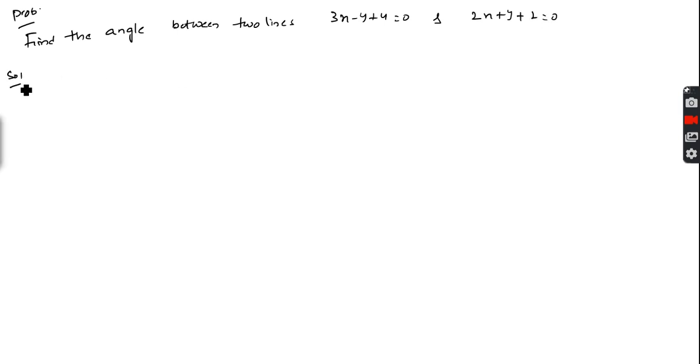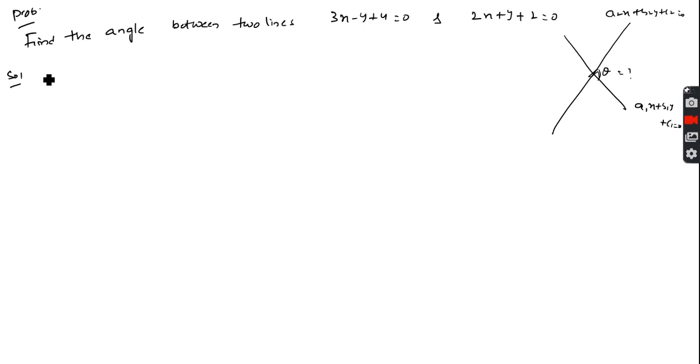So here, if this is one line, a1x plus b1y plus c1 equal to 0, and this is another line, a2x plus b2y plus c2 equal to 0, and these two lines intersect, we need to find the angle theta.